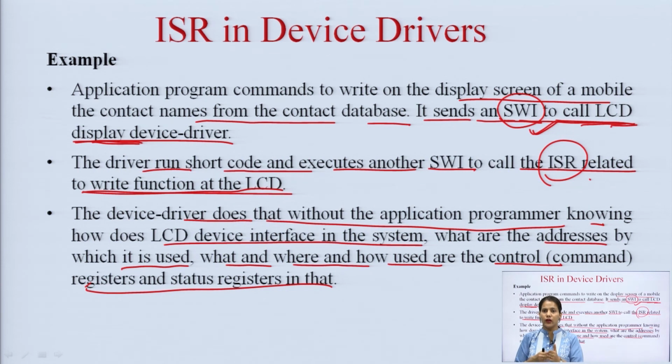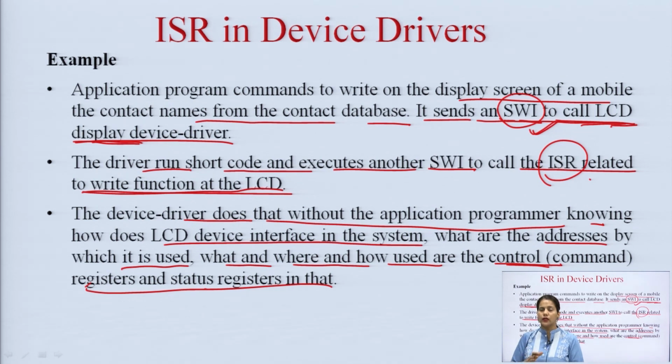So, the LCD write function is being called, and that write function has its own commands, its own status registers and control registers. We need not bother about those control and status registers. We just gave the command to the LCD, and the LCD gave a command to another function.